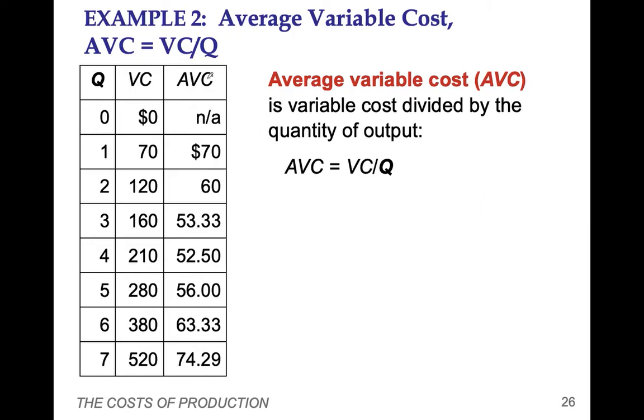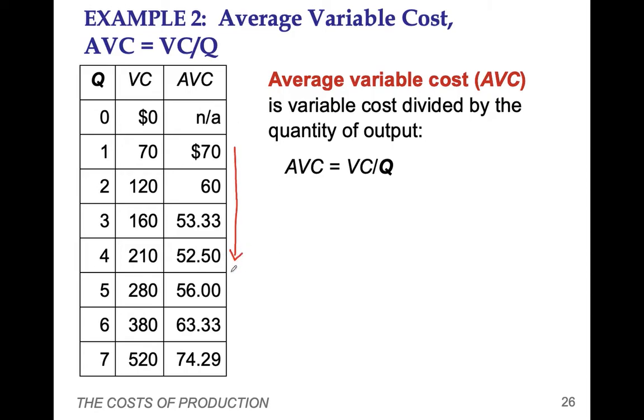Okay, you see from this example, for the first unit it is equal to $70, then 60, then 53.33, then 52.55. So you see for the first 4 units, it is decreasing.